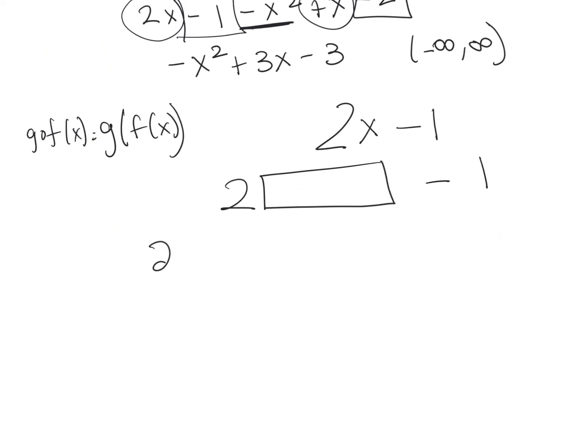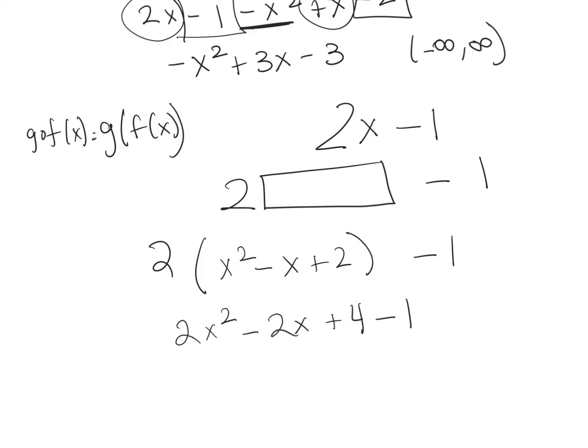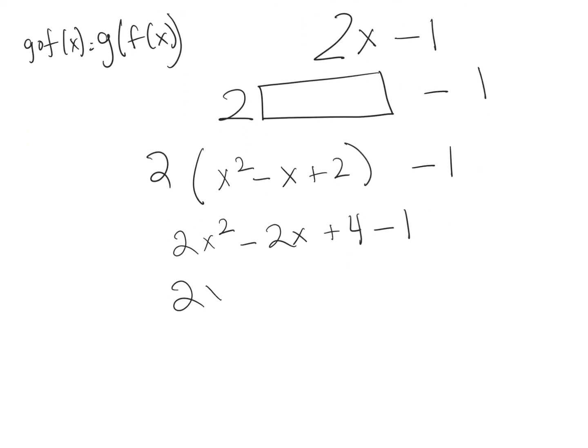So this is going to be 2 times x squared minus x plus 2 minus 1. So this is 2x squared minus 2x plus 4 minus 1. 2x squared minus 2x plus 3. And my domain is all real numbers because there's no square roots and there's no dividing by zeros. And there you have it. That's number 15.